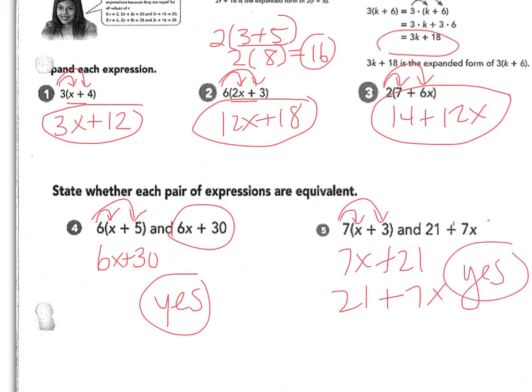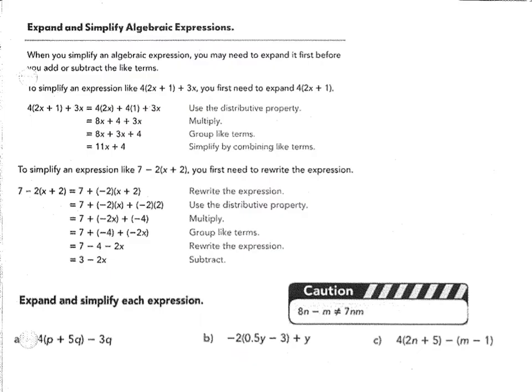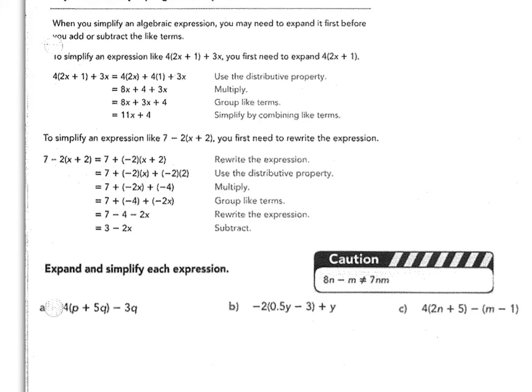So your answer again is yes. Okay, so for page 2, we're doing exactly the same thing, except it's a little more stuff. So I'm just going to go right down here. I'm going to skip the examples. So 4 times p is 4p. 4 times 5q is 20q. And then you just bring down the 3q.